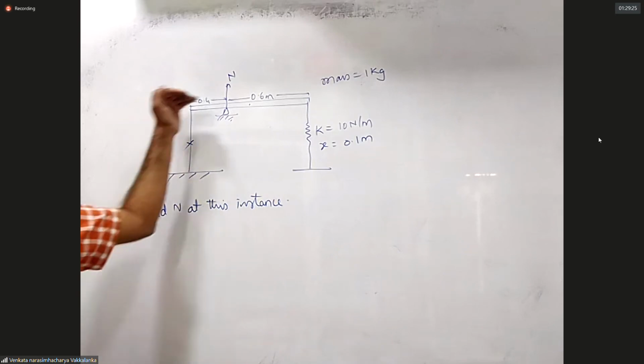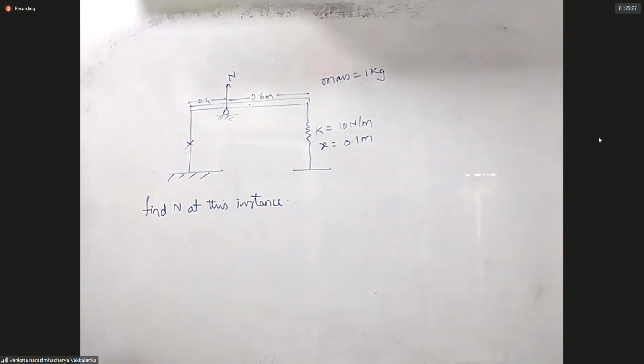Yeah. When the rod is horizontal. When the rod is horizontal, 0.1 meter is the elongation.